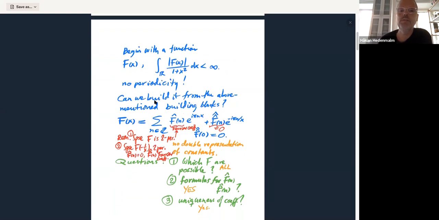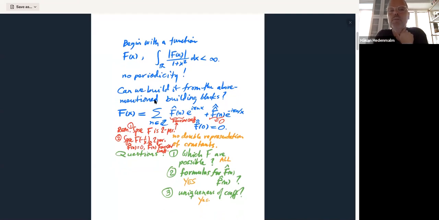Anyway, we start with some function capital F, and suppose it has some modest integrability. For instance, if it's bounded, it's true. No periodicity asked of it. Can we then build it using those two building blocks I told you about?